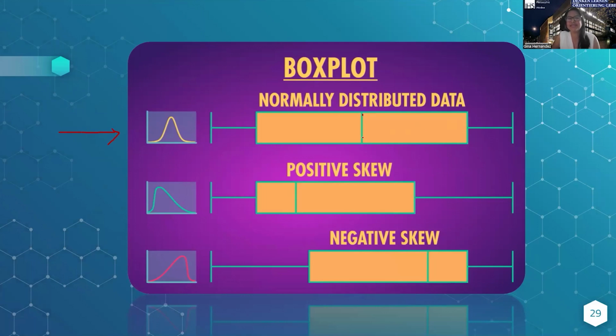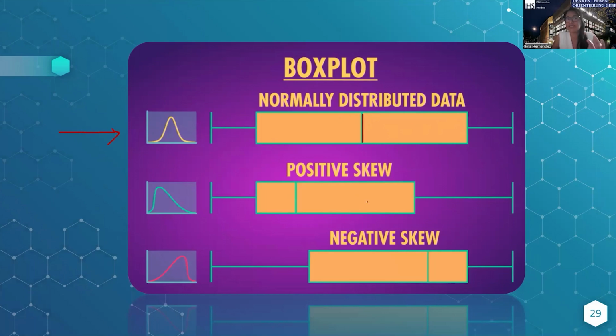This is the median. This is the exact middle of our data. And then this is 50% of the data. This is the other 50%. This is the 25th percentile, and this is the other 25th percentile. So this is 100% of your data. It should look like this if it's normally distributed.